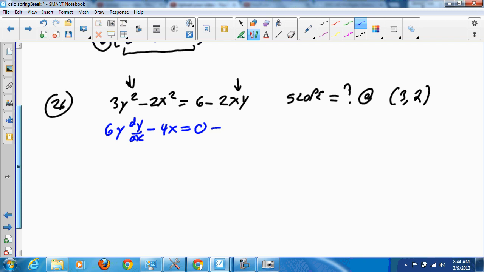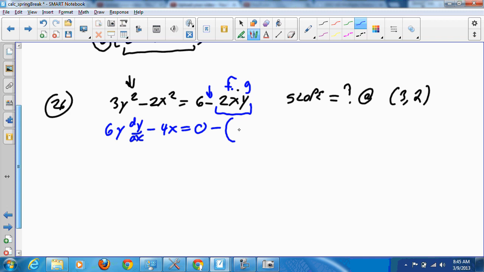And here it looks like we have to use a product rule, so we'll define this as f, and of course y can be g. And just a word of caution, a lot of times we lose track of that subtraction, so let me put a big parentheses here.